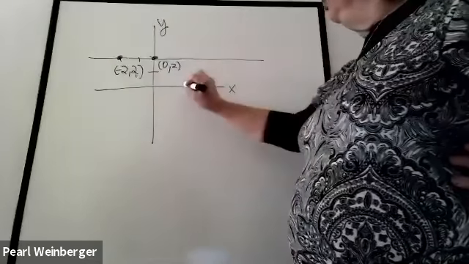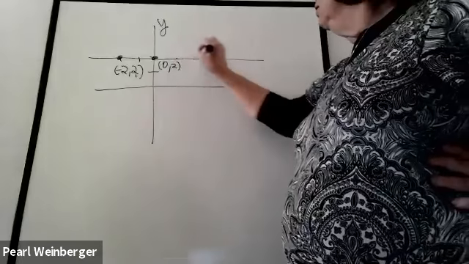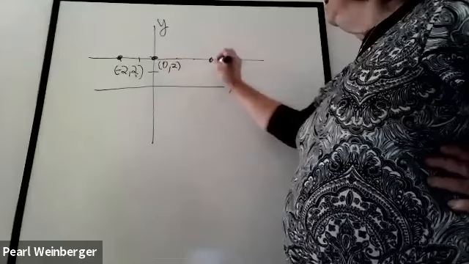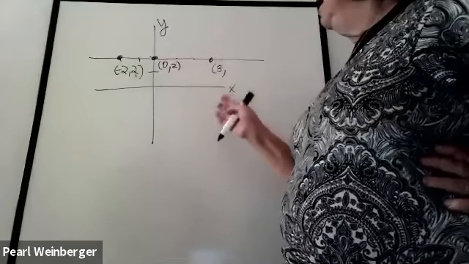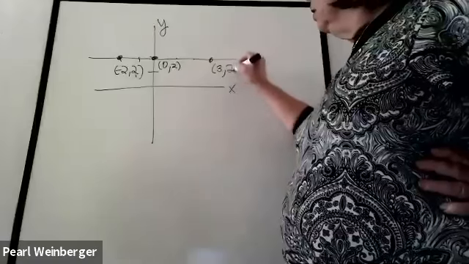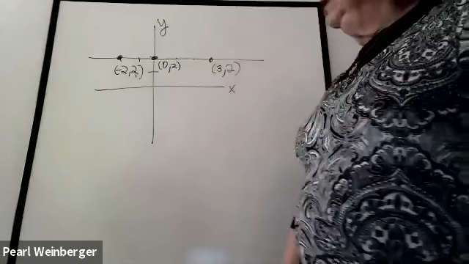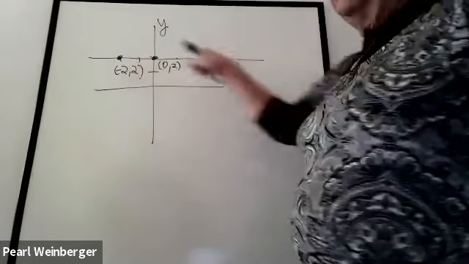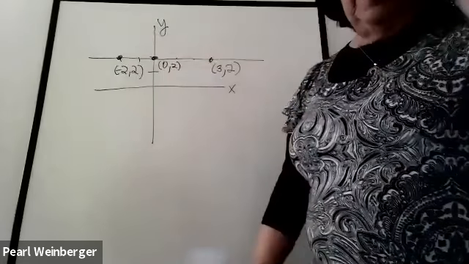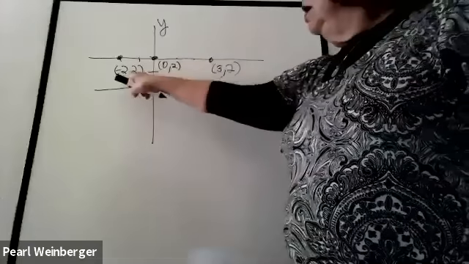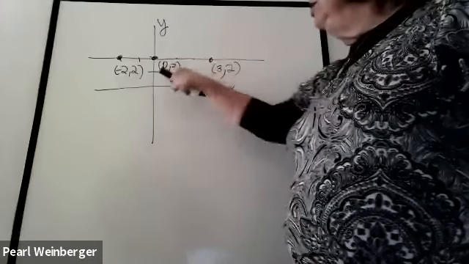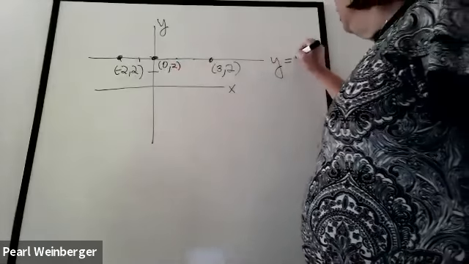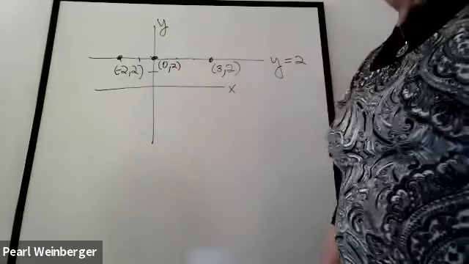What about this point over here? Notice I've gone 3 to the right, so my x is 3, and I've gone 2 up. So this is the point 3, 2. And if you notice, the one thing that all the points on the line have are that the y values are 2. And actually, y equals 2 is the equation of this line.